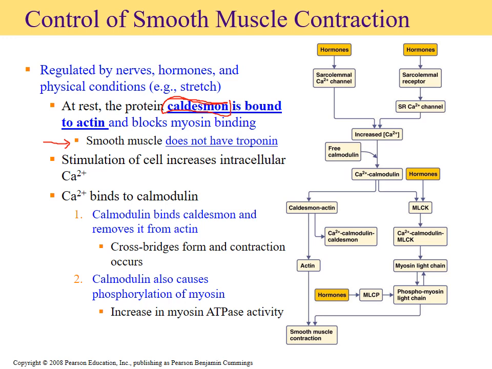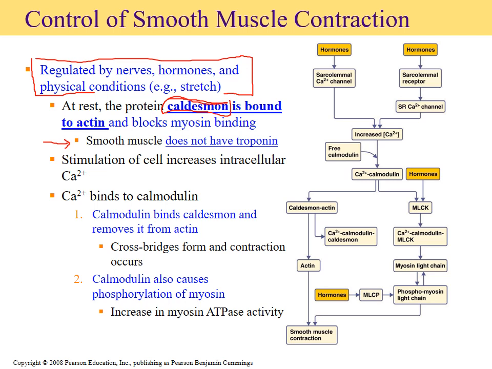Now, before we talk about that a little bit further, I want to point something out at the top of the slide. Over here it says that the contraction of the smooth muscle is regulated by many different things, including nerves, hormones, as well as physical conditions such as stretch.